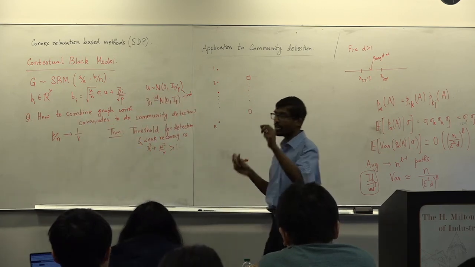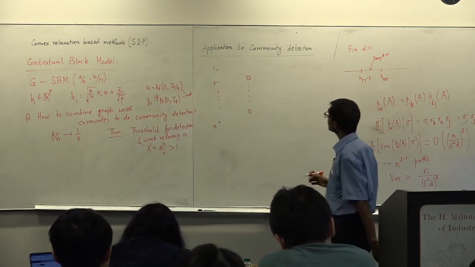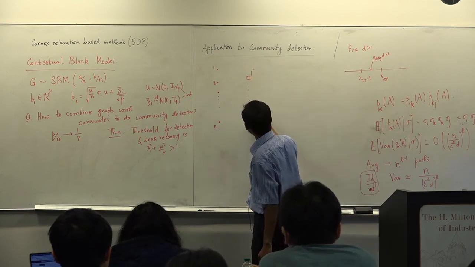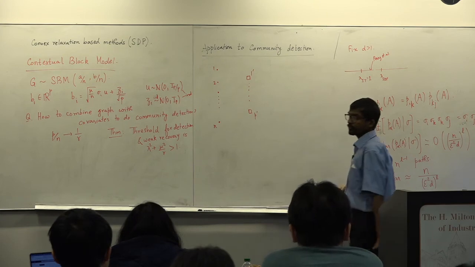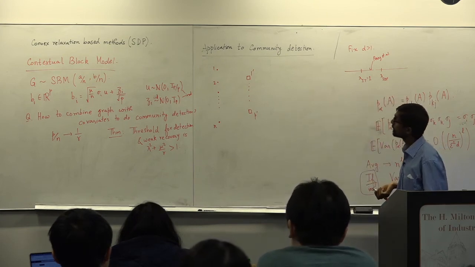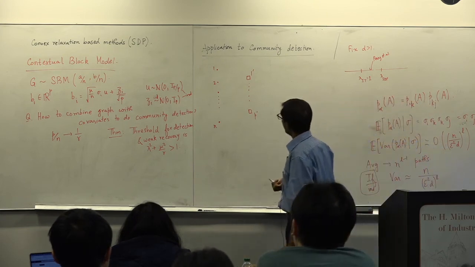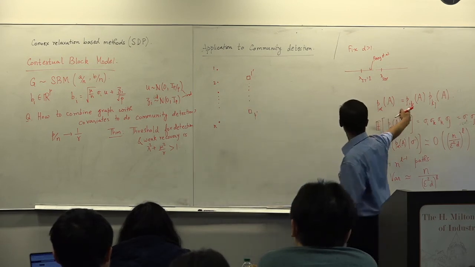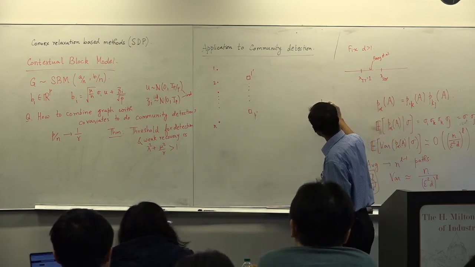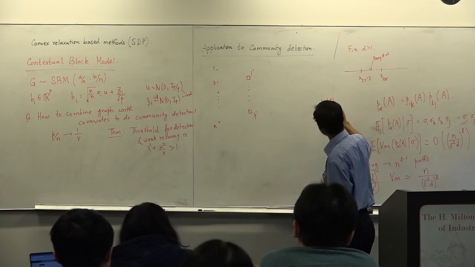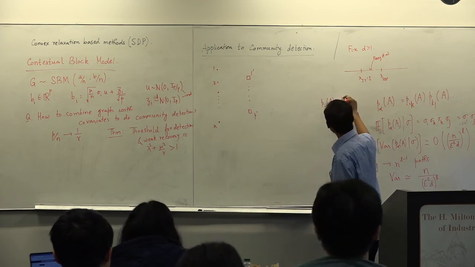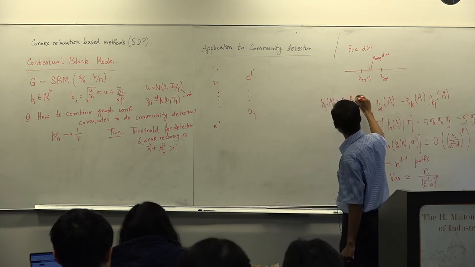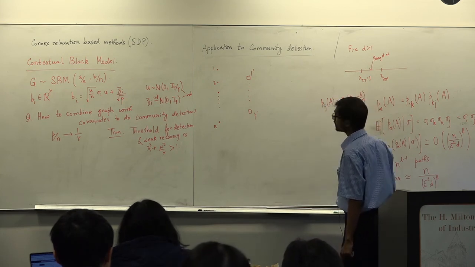Each b_i is p-dimensional, so I have p features, and I'll number them from 1 prime to p prime. I have two sets of vertices. Now, what I do here is that, remember this element P_ij A that we constructed last time. This was n over epsilon d times A_ij minus d over n, right?